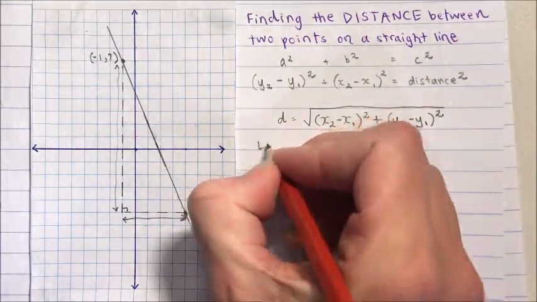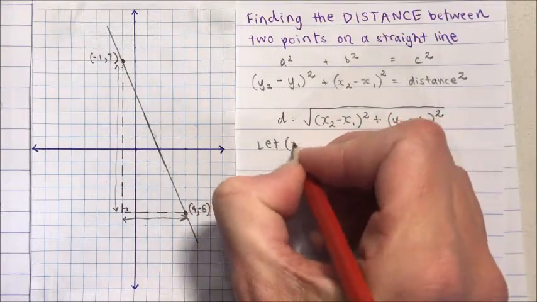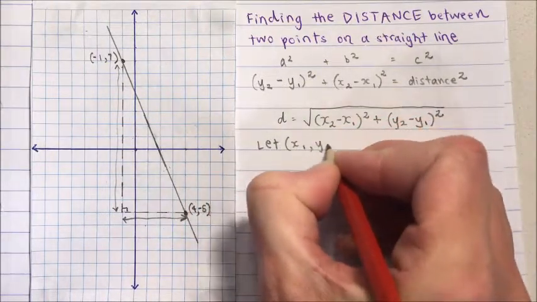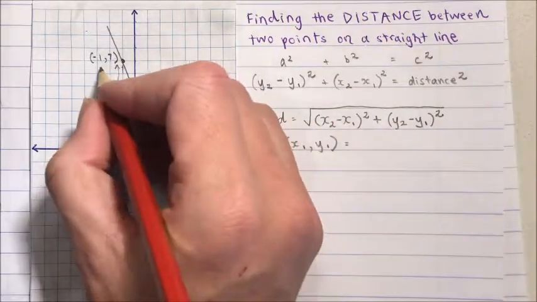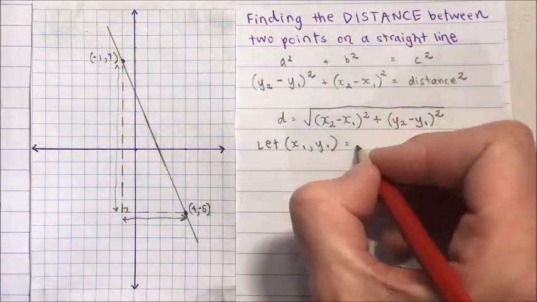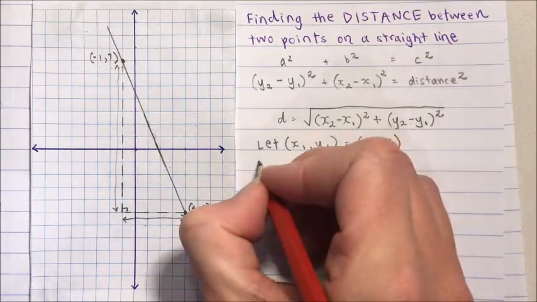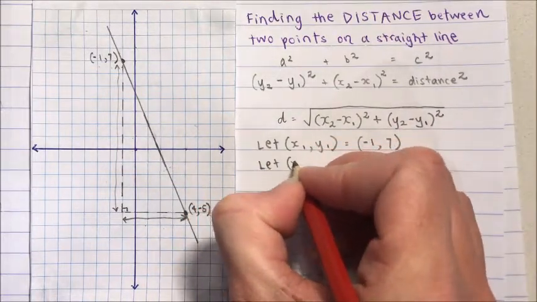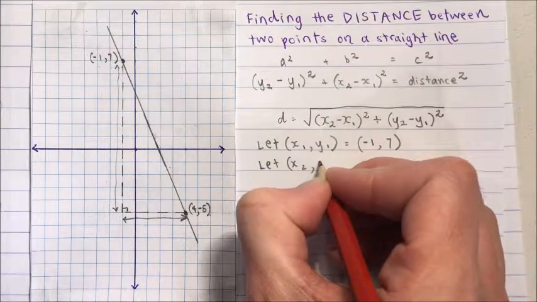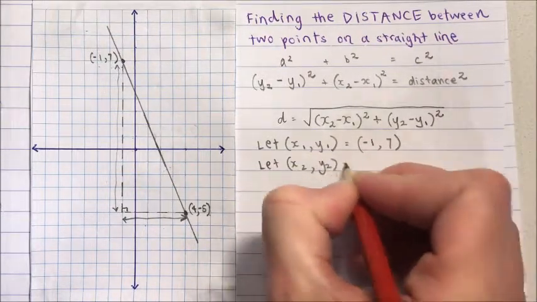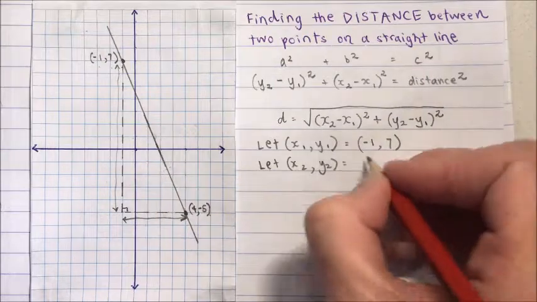Again, we need to write in: let x1, y1 equal -1, 7, and let x2, y2 equal 4, -5.